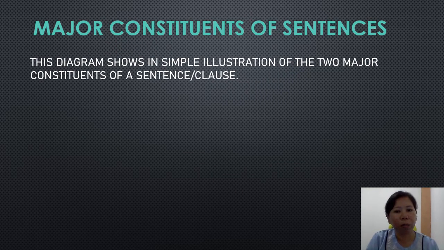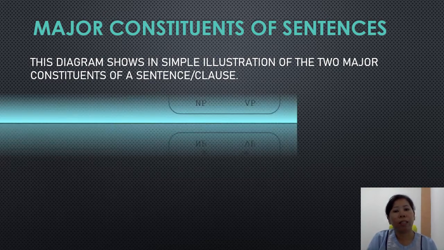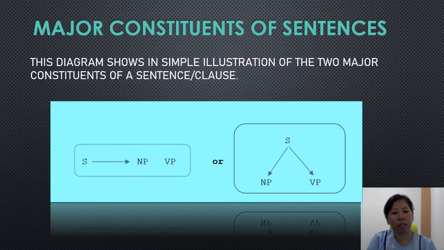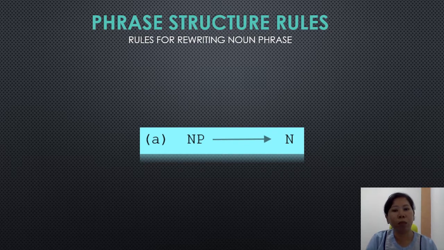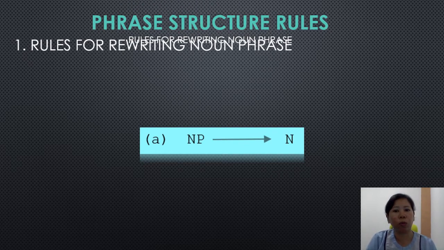Now, this diagram shows in simple illustration the two major constituents of a sentence or a clause. So, a sentence or a clause contains a noun phrase and a verb phrase. Now, let's move to phrase structure rules.